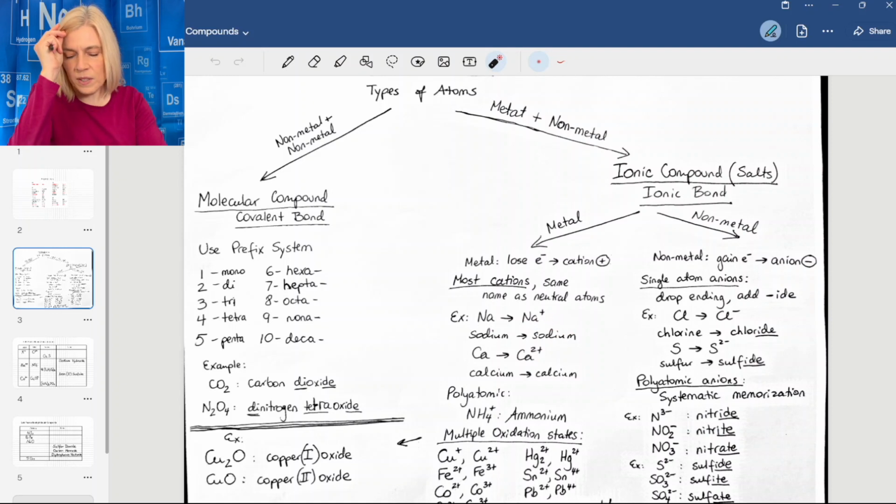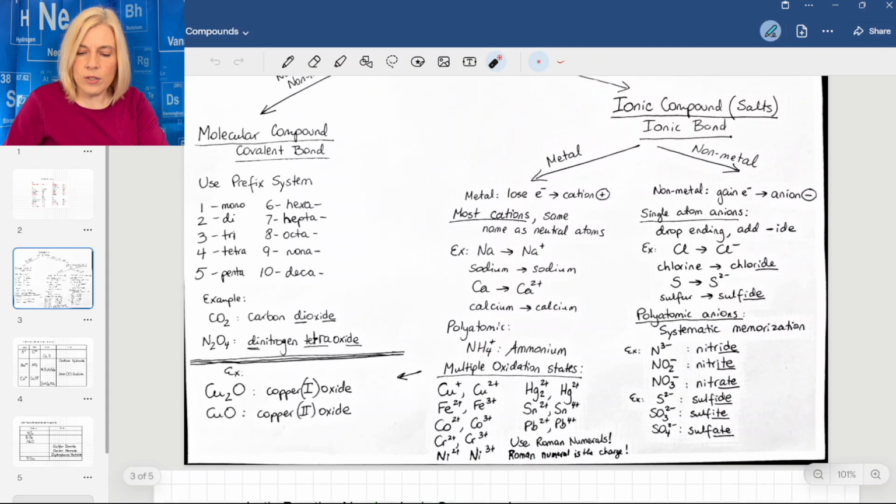Calcium, when it loses 2 electrons and becomes a calcium 2+ cation, the name doesn't change. You do have to keep in mind you have one polyatomic cation. That is ammonium. That's the one you should know.